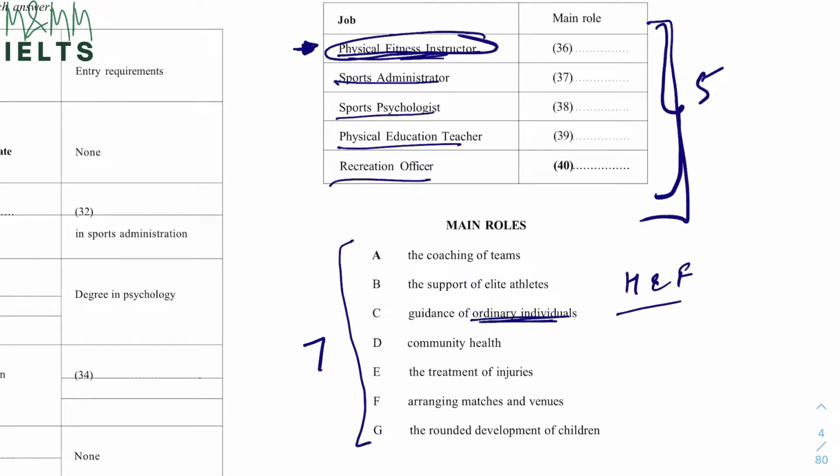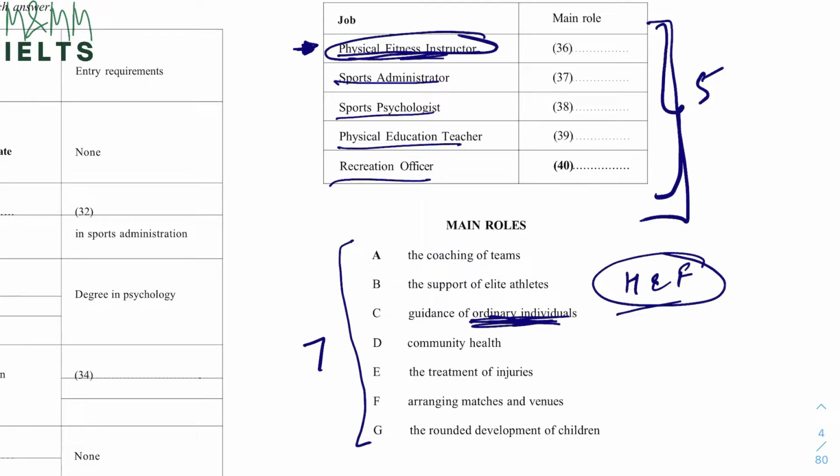Now in the audio, they did start to speak about how they train and provide guidance for ordinary people. The moment they said these words, ordinary individuals, I'm not just going to mark that answer and move on, but if you understand the complete context of the audio, they did say that they provide information and help for ordinary individuals.